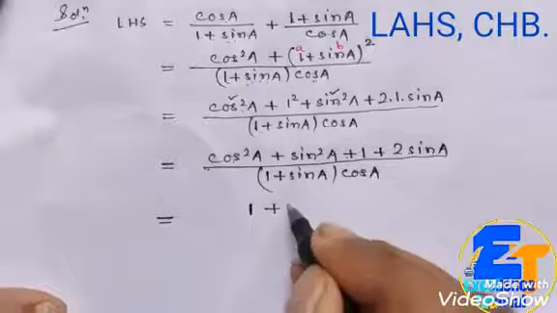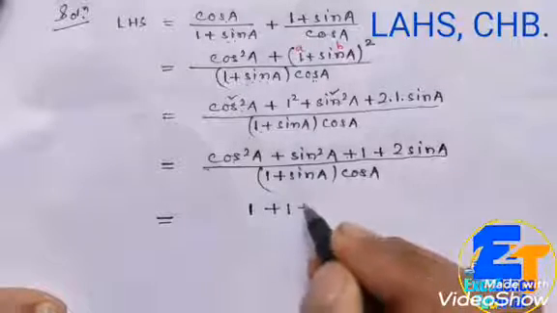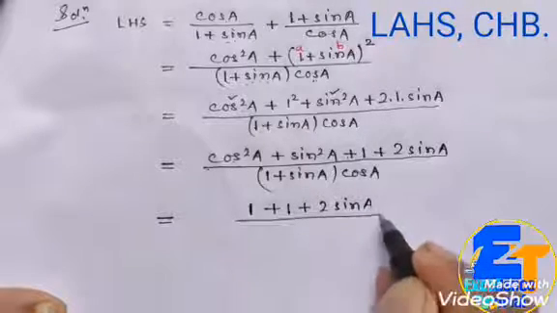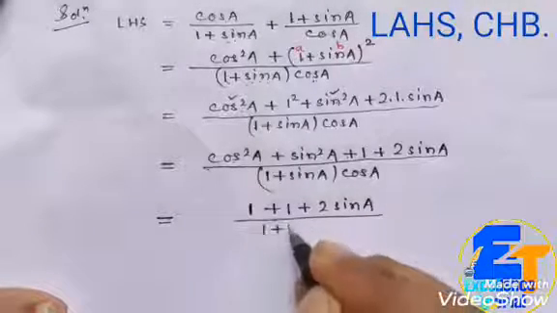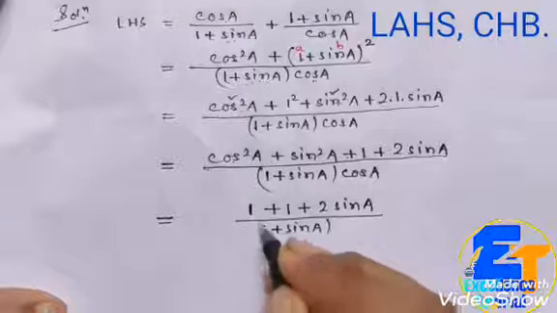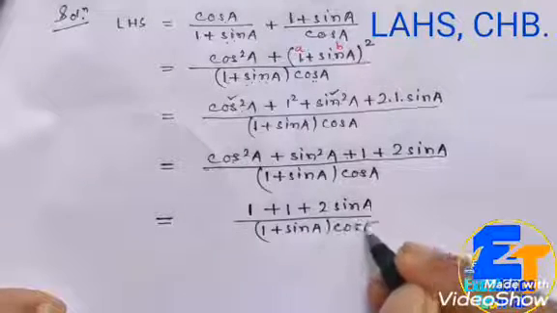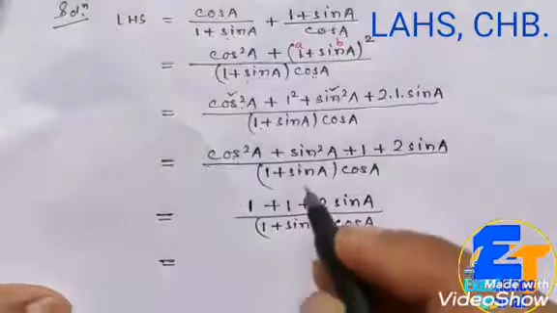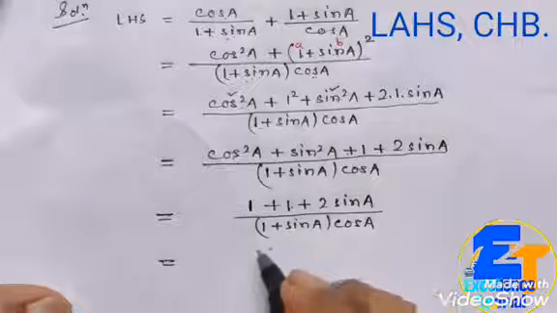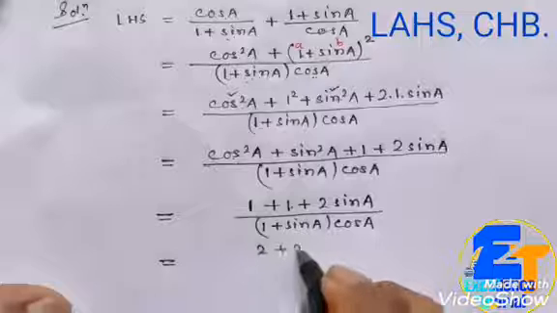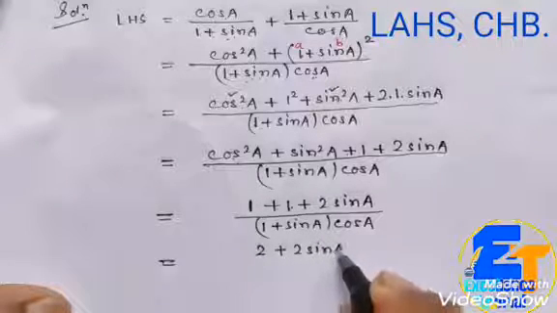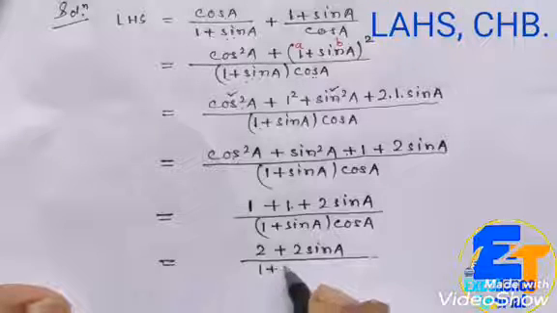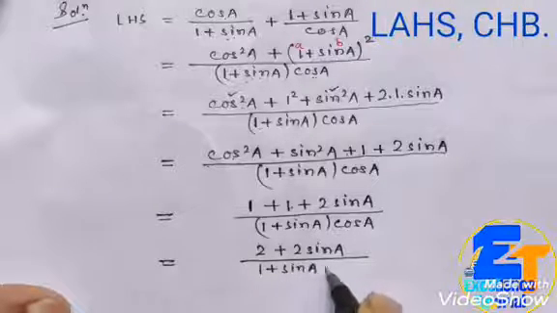So 1 plus 1 plus 2 sin A divided by 1 plus sin A into cos A. In our next step we can add this 1 plus 1, it will become 2 plus 2 sin A by 1 plus sin A into cos A.